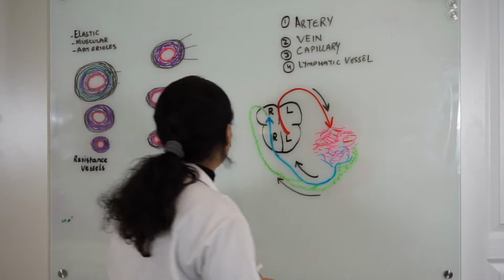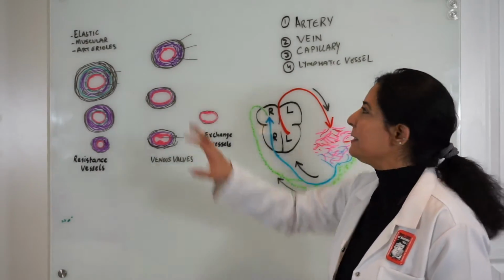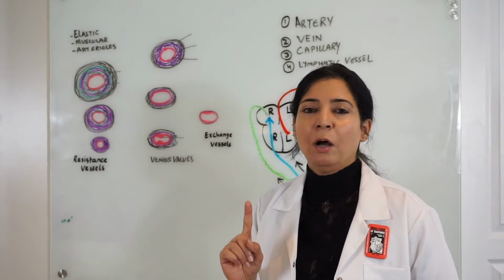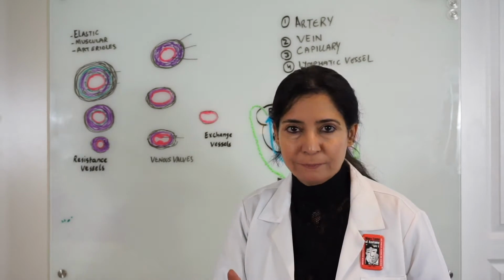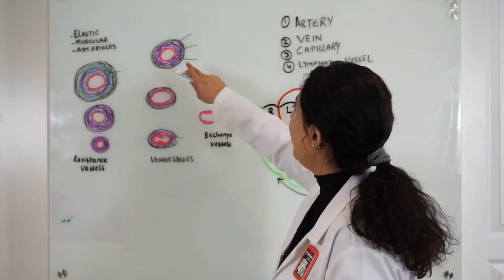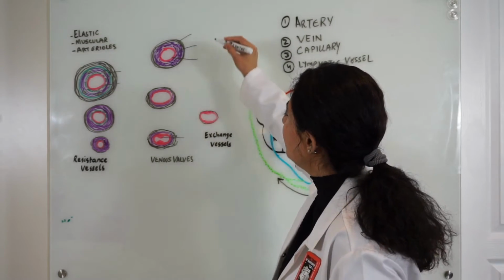Let's start from this drawing. This is a basic drawing showing us the wall of a tube, a vessel. Okay, so I have certain structures to be labeled, right?